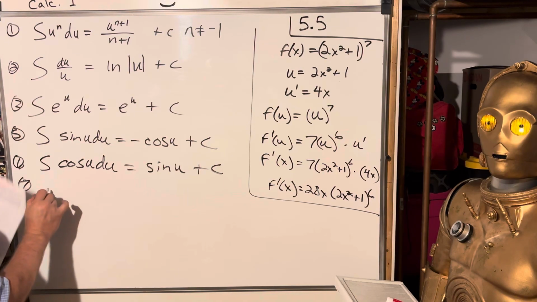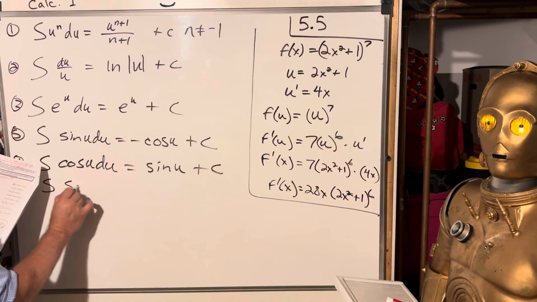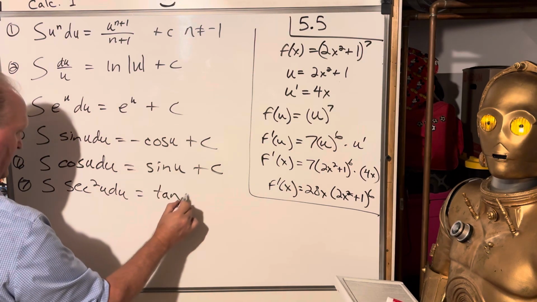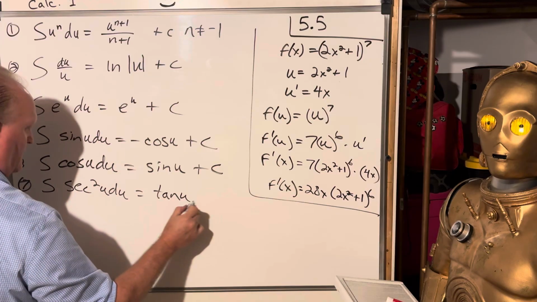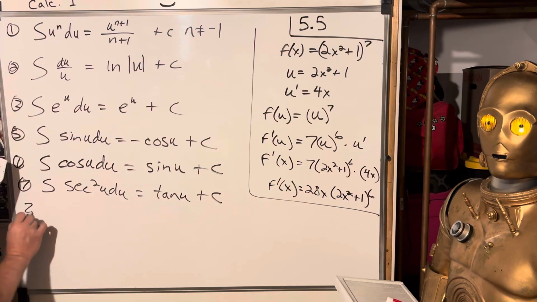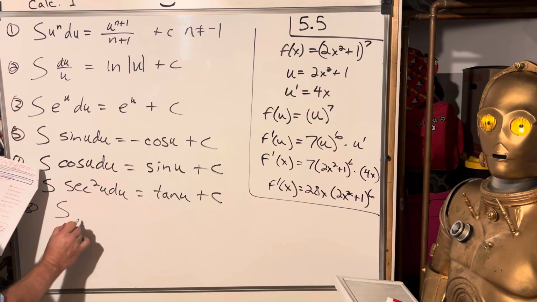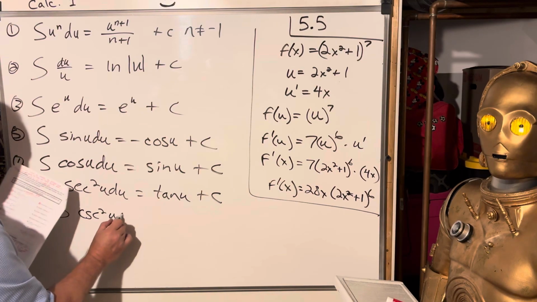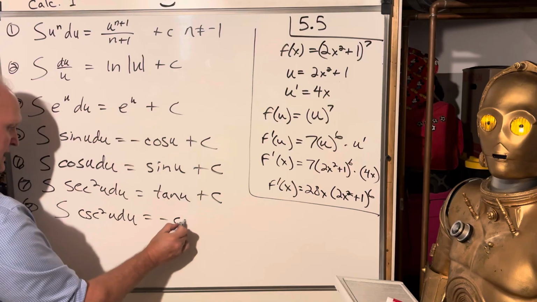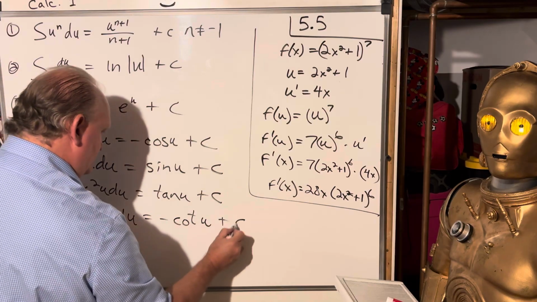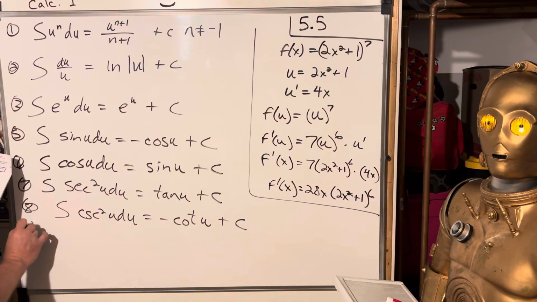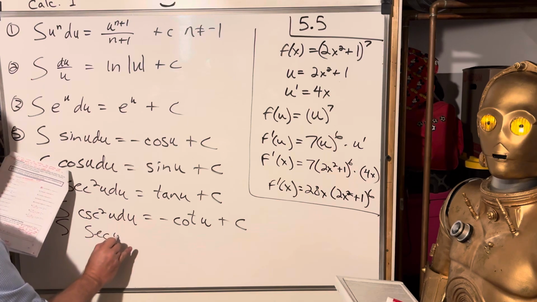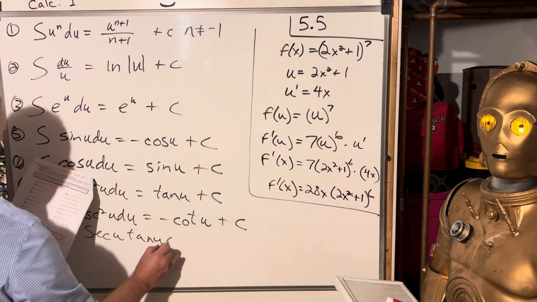7, we should know 7, secant squared u du, you should know that's tangent, right? The derivative of tangent is secant squared. Number 8, you should know that. Cosecant squared u du is going to be negative cotangent u plus c. You should know number 9. That is secant u tangent u du.